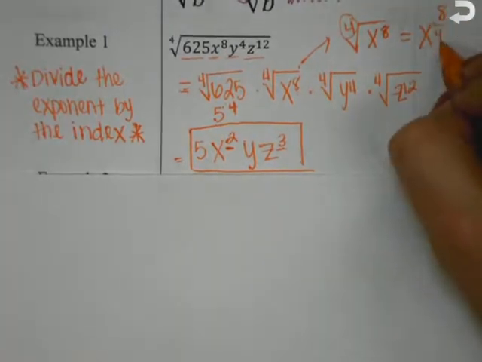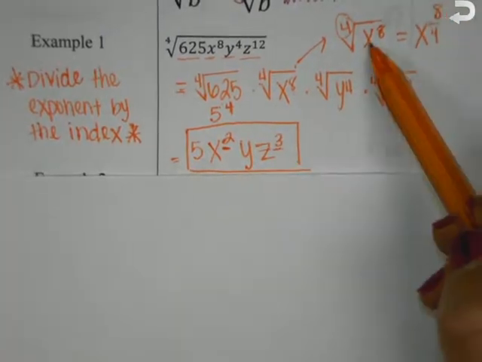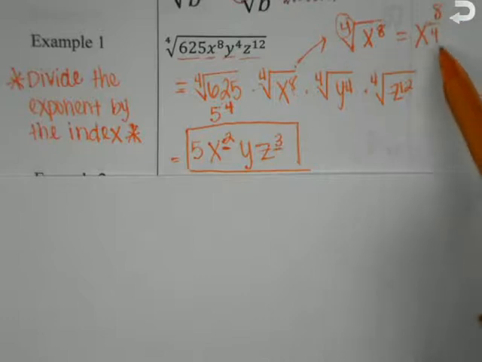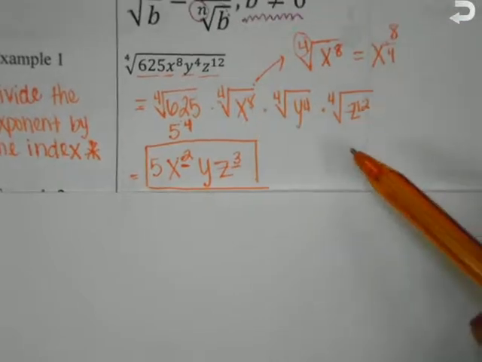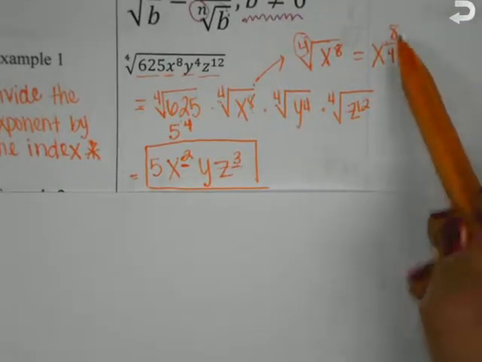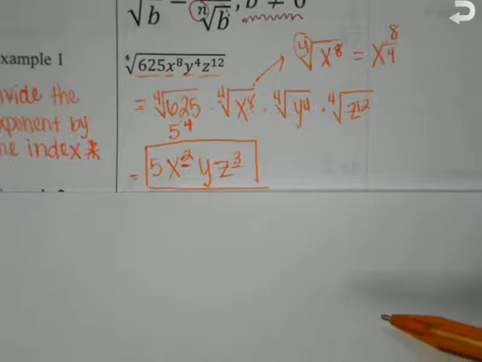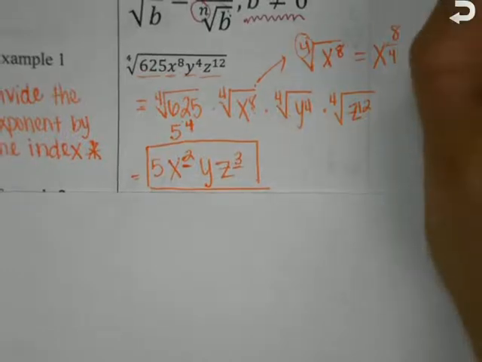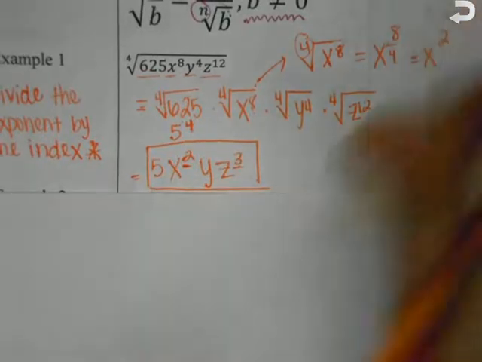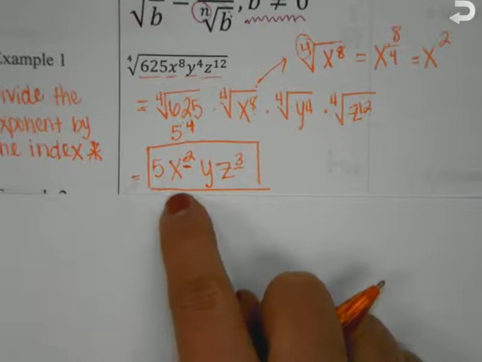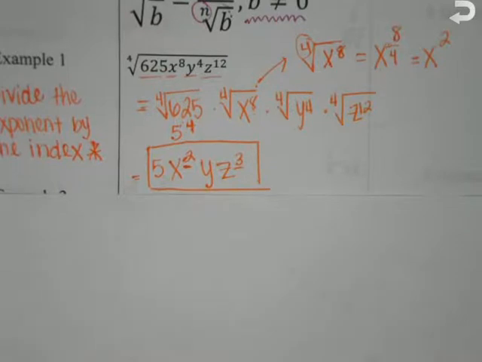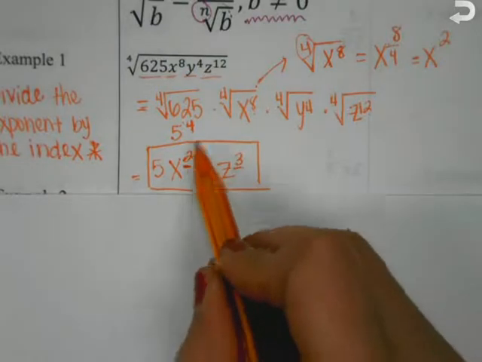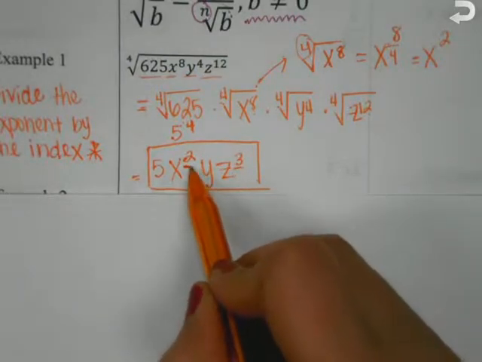So this is the same as x to the 8 over 4. Does everybody agree with that? How does 8 over 4 reduce? 2. So this is the same as saying x squared. Isn't that what we got down here? So that's why it works. Because if we rewrite it in rational exponent form or notation, we could reduce a fraction and still get the same answer. So that's why it works.